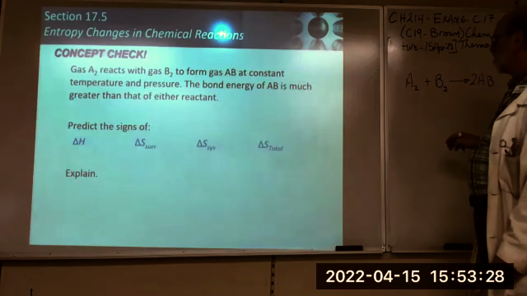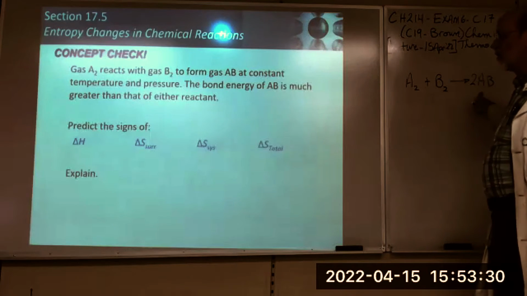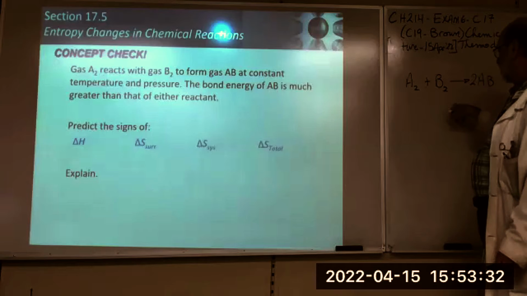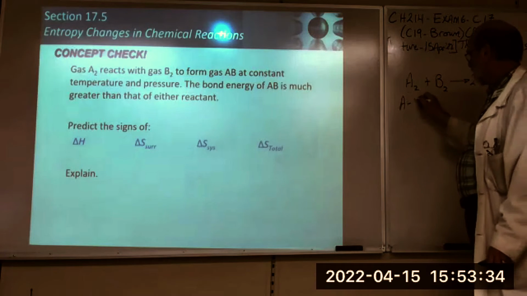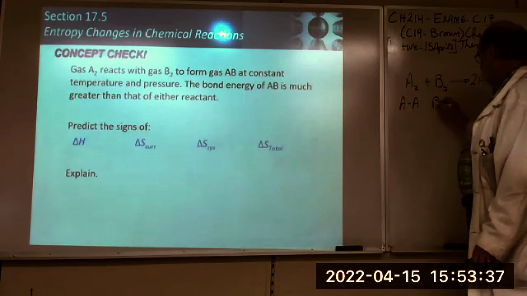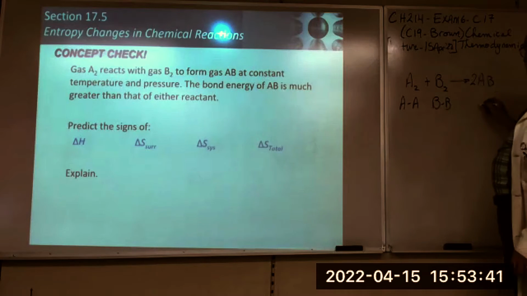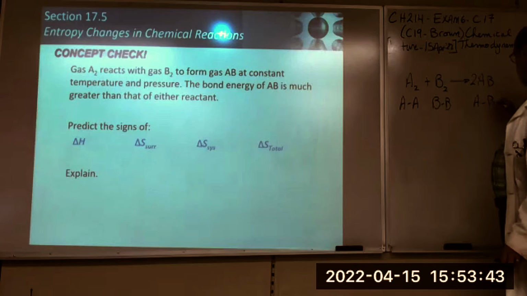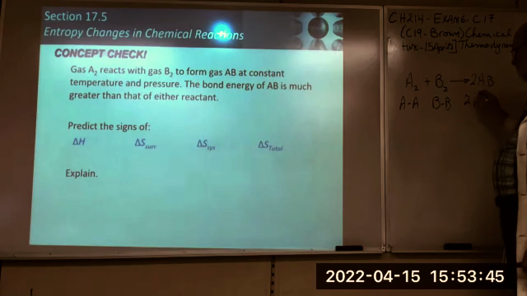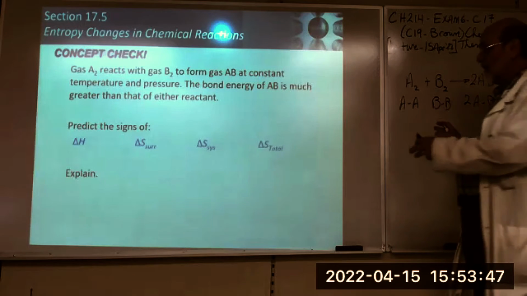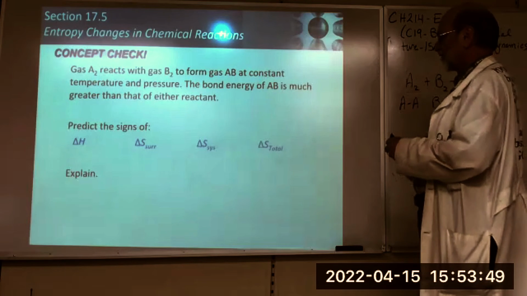The bond energy of AB is much greater than that of either reactant. So the bond energy holding these together is less than the bond energy that holds these two together. Okay, there's a balance there.